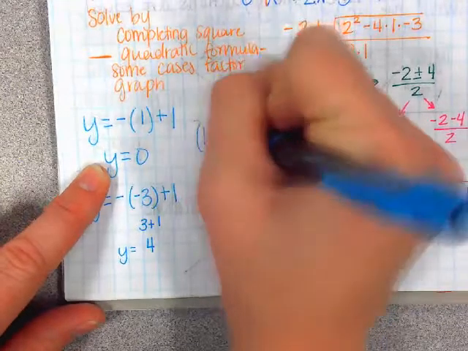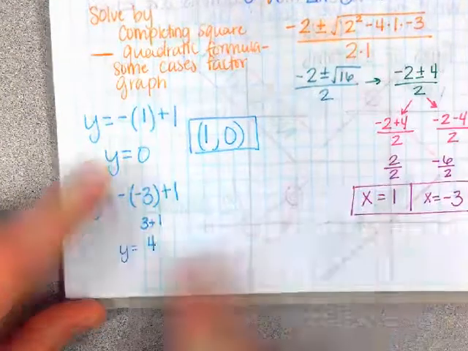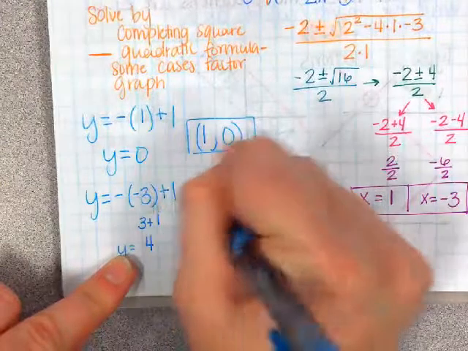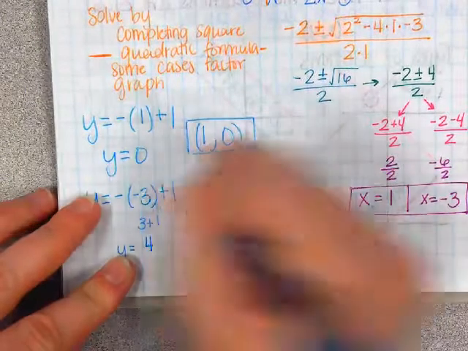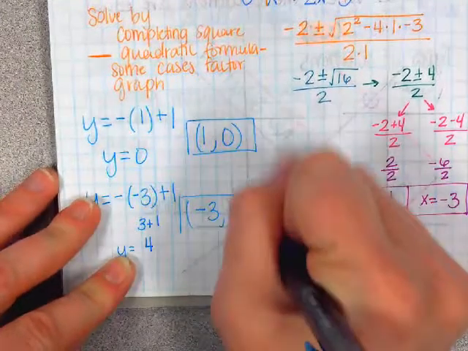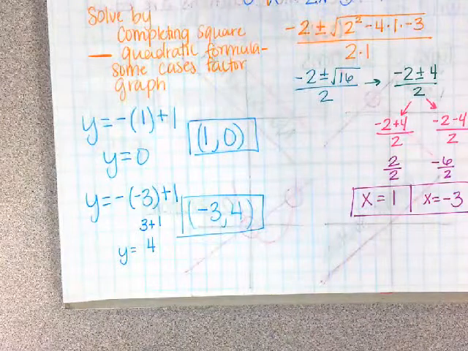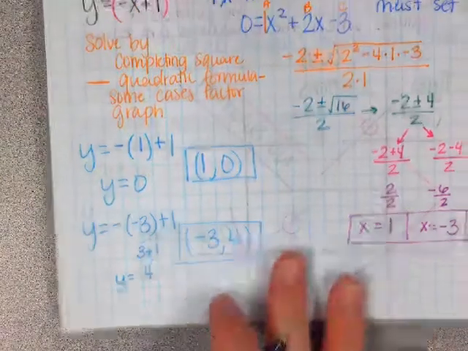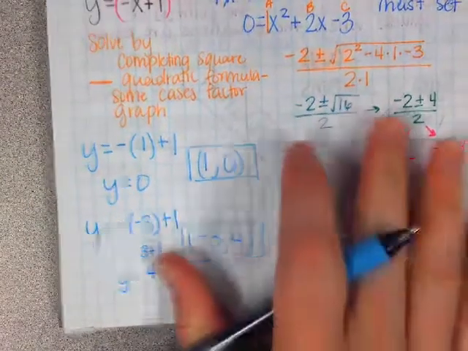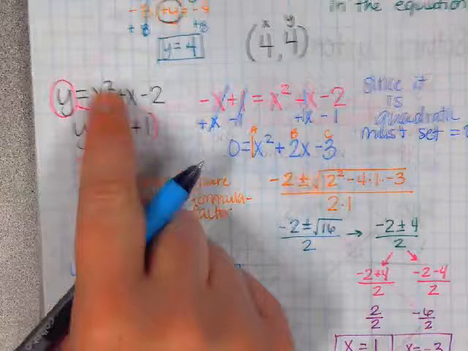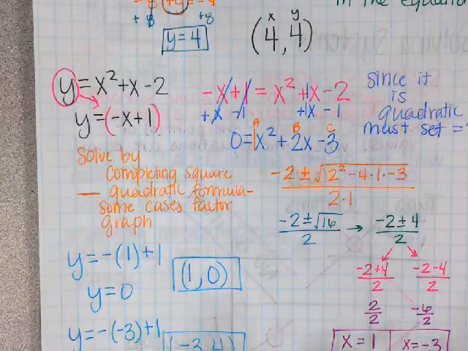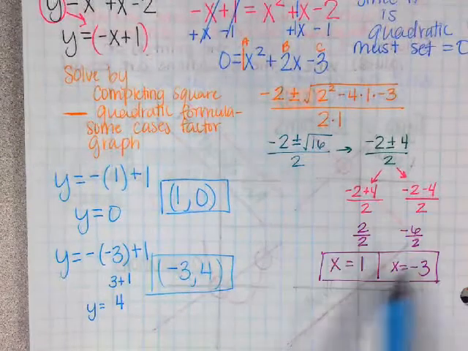So when my x value is 1, my y value was 0. When my x value was negative 3, my y value was 4. So those are your two solutions.